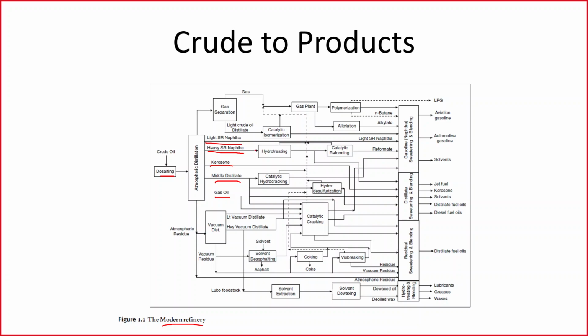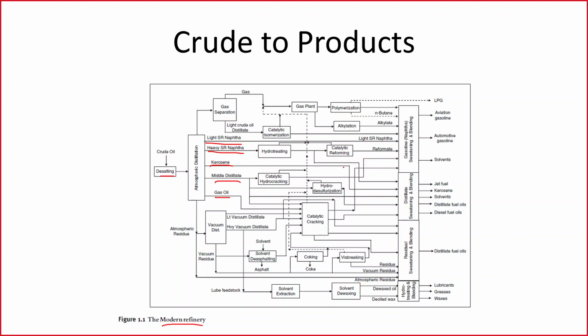So these streams go to their respective units. This one, in this particular example, goes straight to the blending system, and then the heavy naphtha goes to the hydrotreating, and it goes to the reformer. The goal of this reformer, as we will see later, is to increase the octane number of the product. We will see later on.